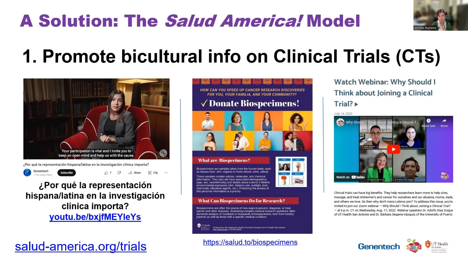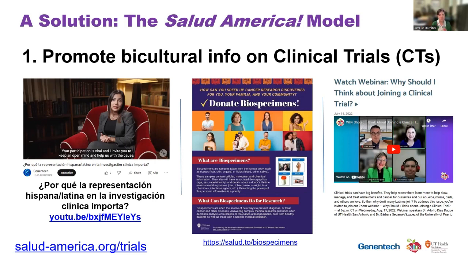And so there are different types of studies, right? There are clinical trials, but sometimes there are biospecimen type studies. Right now, we are working with the All of Us program. They reached out to us based on learning about us through Salud America and asked us if we would be a partner with them in informing one of the largest studies to collect not only behavioral information, but also biological information and full electronic medical records.